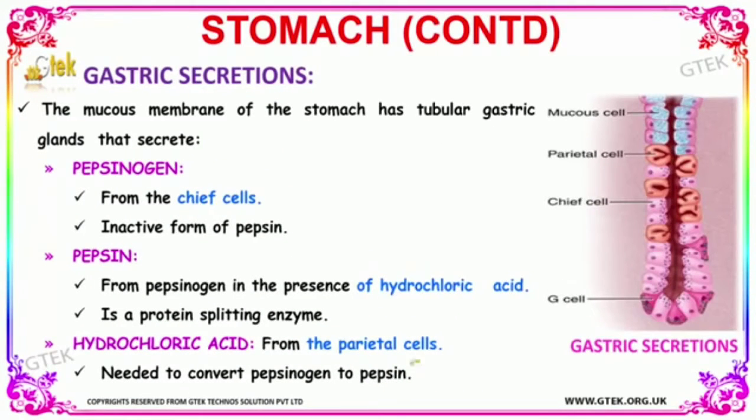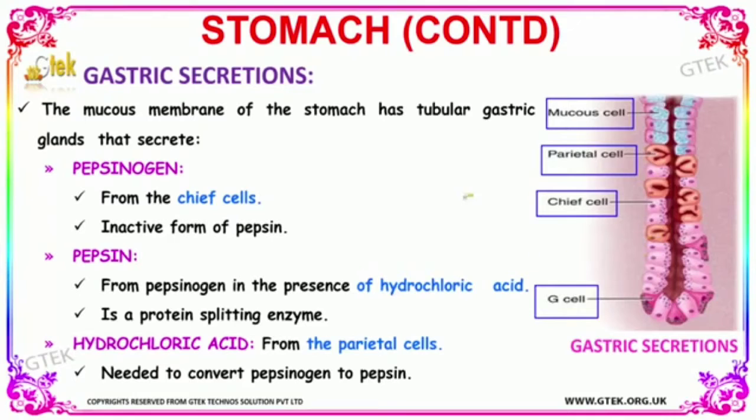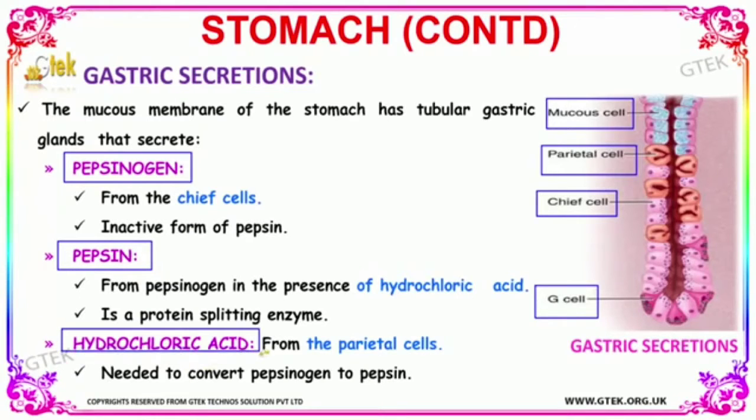Next we are going to see about the gastric secretions. So we studied the mucosal layer, which contains the mucous cell, parietal cell, chief cell and G cell. The mucous membrane of the stomach has gastric glands which secrete pepsinogen, pepsin and your hydrochloric acid.